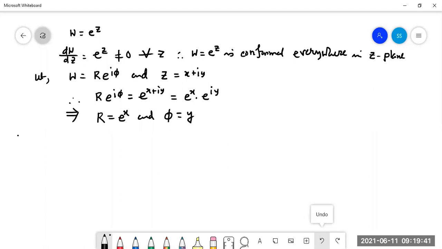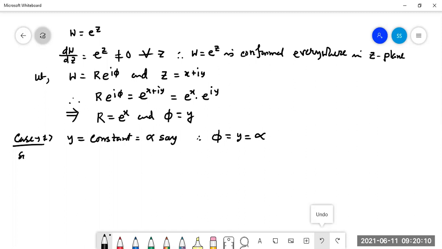Now we consider the following cases. Case number one: if y equal to constant, say equal to alpha. In that case, phi equal to y, that should be alpha. So y equal to alpha is nothing but a straight line which is parallel to the x axis.